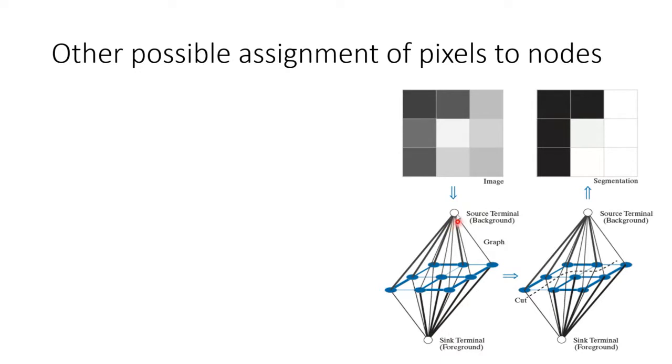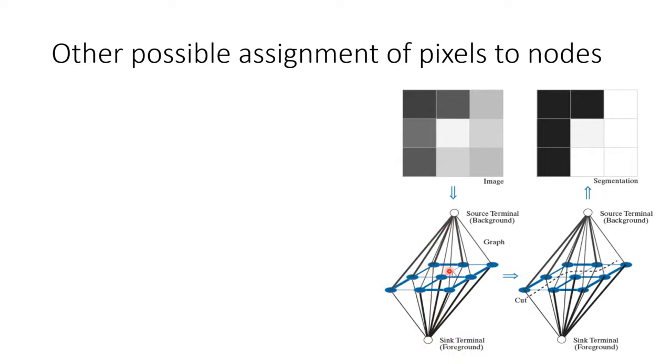They are basically what we call source and sink. The source terminal node will be representing background, and the sink node will be representing foreground pixels, and they are all related.